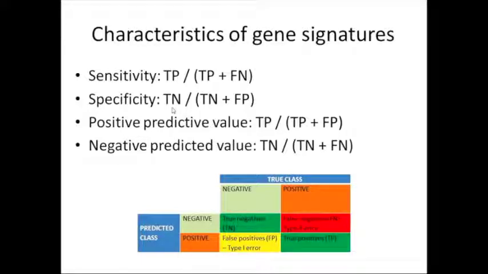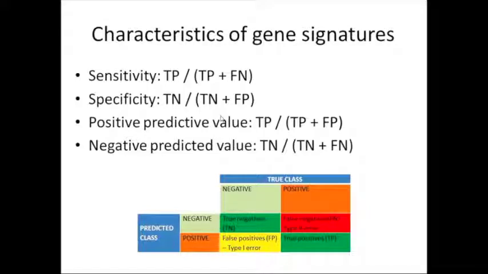Similarly, specificity is the number of patients classified as negatives divided by the total number of patients in the negative class. So it is the fraction of patients in the true negative class classified as negative.